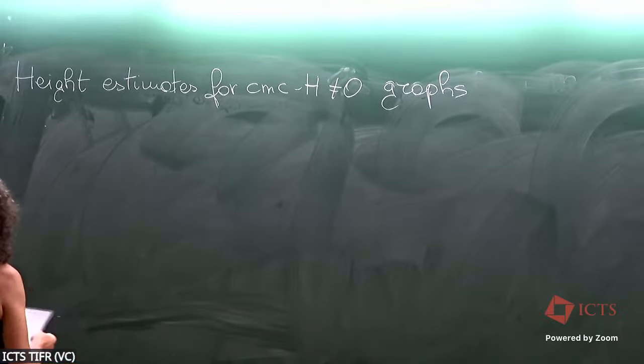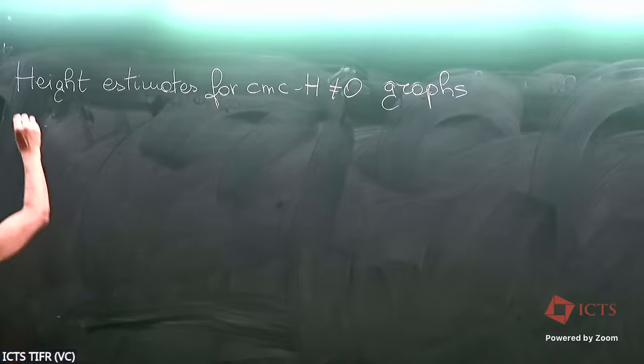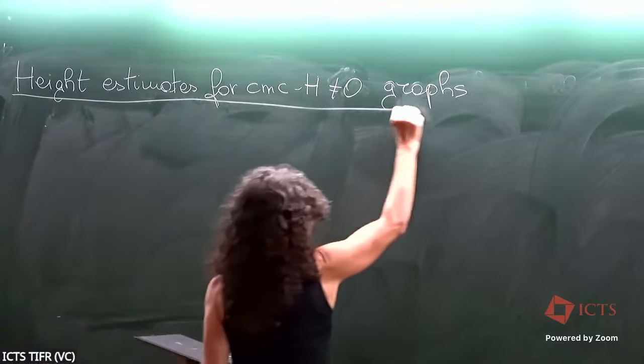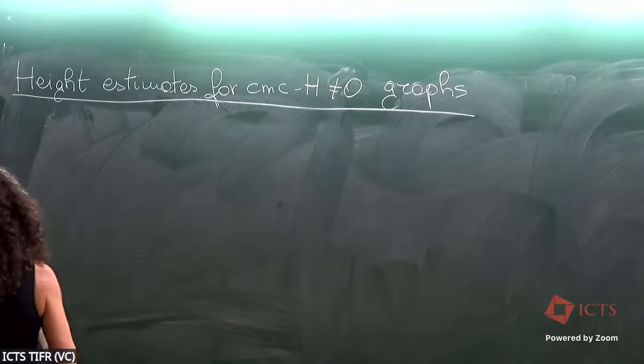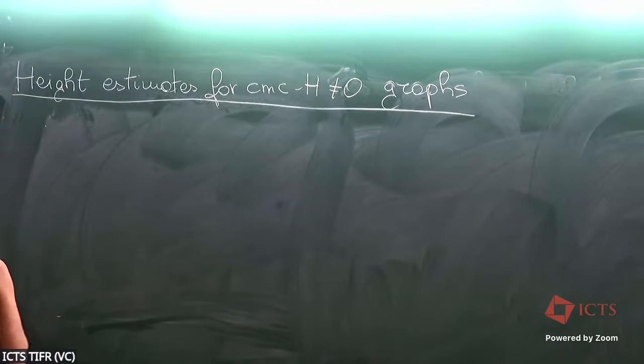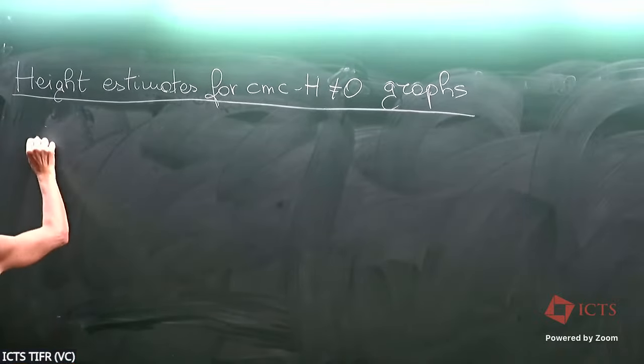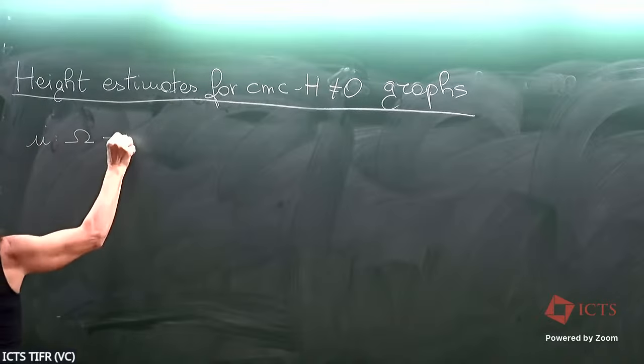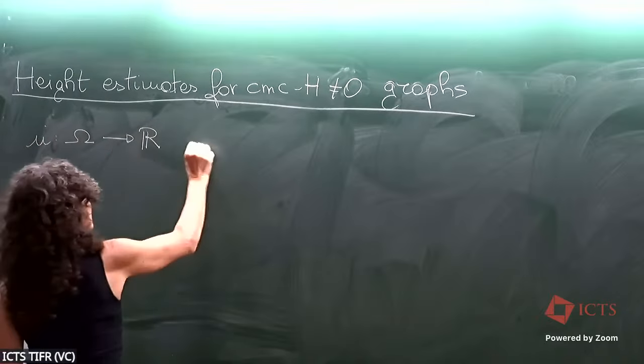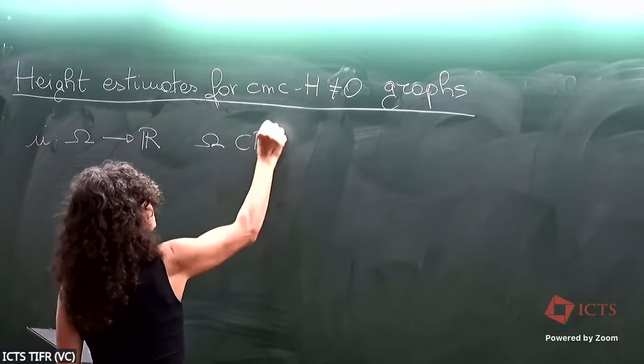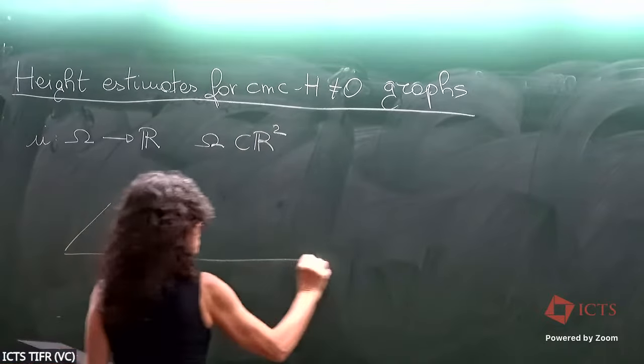Okay, so this is the statement. You take a function u, defined on Omega, a subset of R^2, a compact, bounded domain.